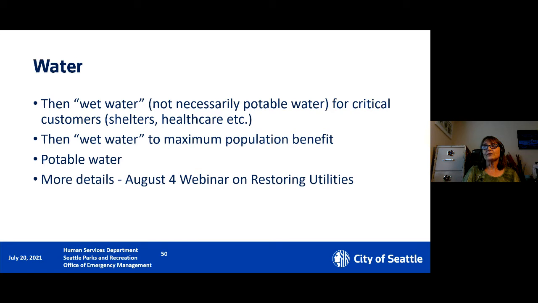Then wet water will be available to maximum population benefit. So what we may be looking at is we're under a boil water advisory. Then potable water. So there'll be more details on the water response plan in the August 4th webinar on restoring utilities.